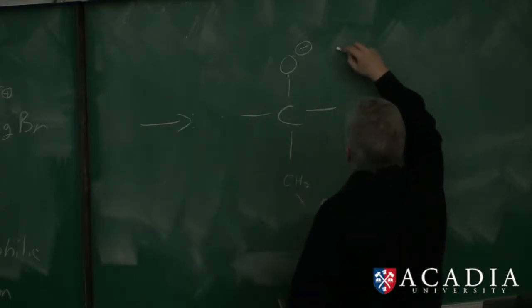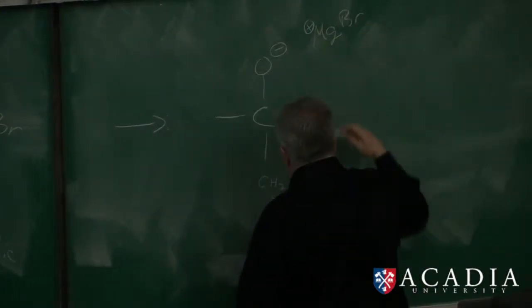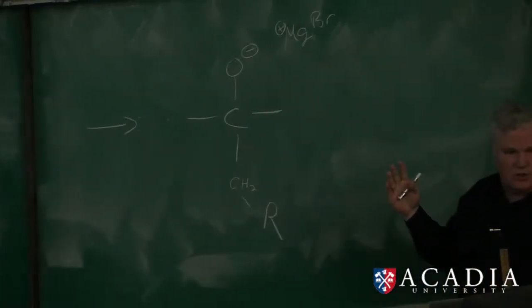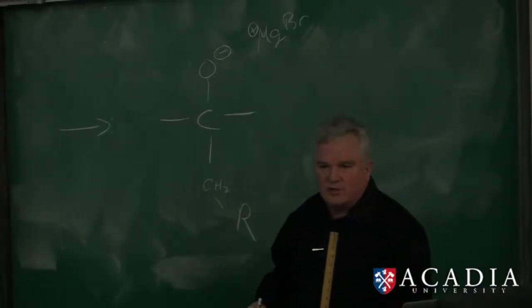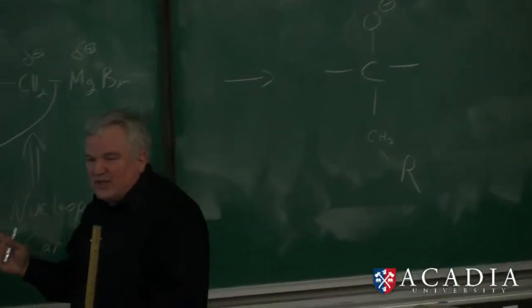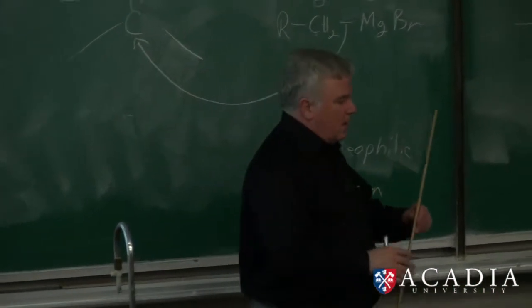And we have our magnesium, and our magnesium is going to associate, because it's a positively charged thing, with the negative charge on that oxygen. We have a salt right now. We have a magnesium alkoxide salt.